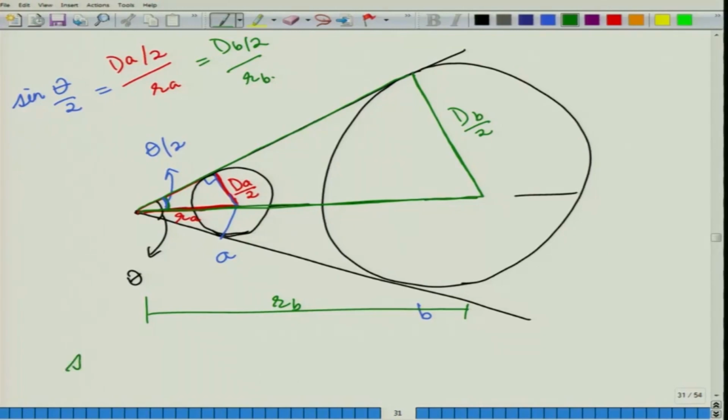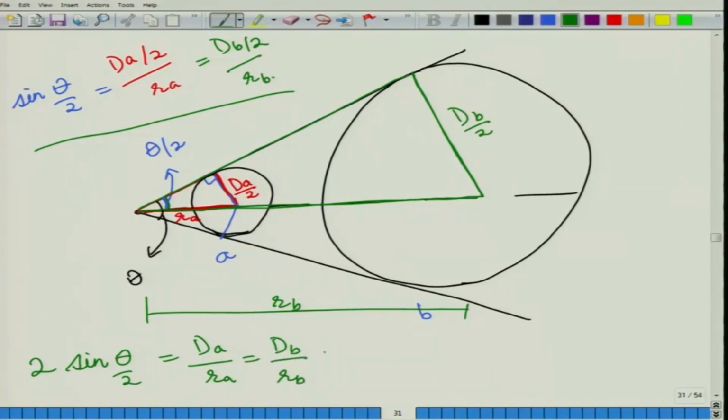So, we have the relation sin theta by 2. Now, multiplying all these with 2, we have twice of sin theta by 2 is equal to dA by RA is equal to dB by RB is equal to dC by RC and so on. So, any tree that is subtending the same angle that is equal to the critical angle will have this equation.